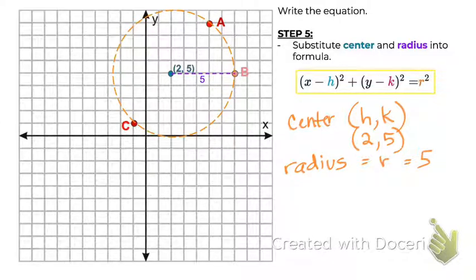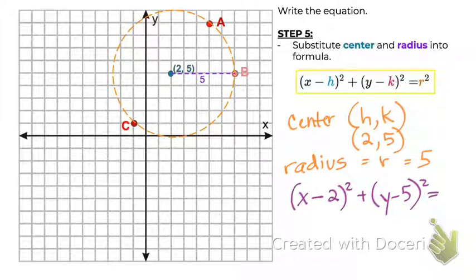So I'm going to substitute those into this format. So I have x minus 2 squared plus y minus 5 squared equals r squared. And if you want, you can go to a graphing calculator and put that in, and it will graph this circle. This is the equation of this circle.